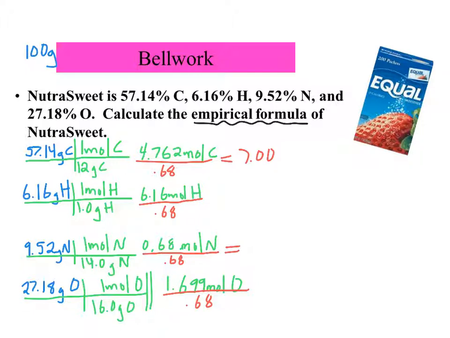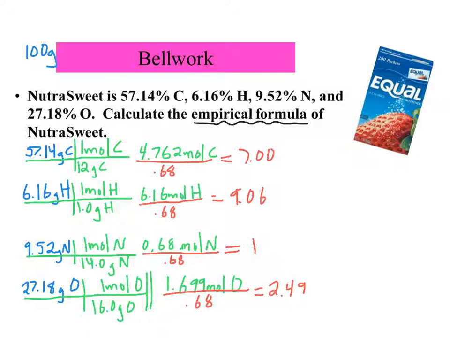For hydrogen, I get a value of 9.06. For nitrogen, it is going to be 1 exactly because I'm dividing by itself. And for oxygen, I get a value of 2.49.